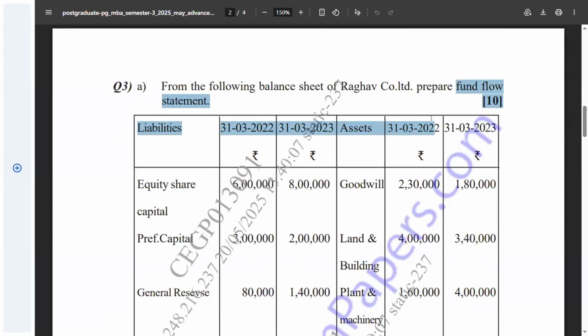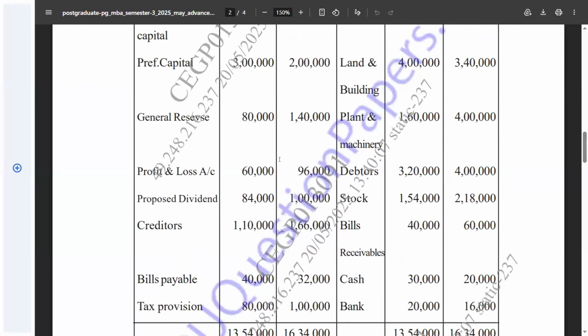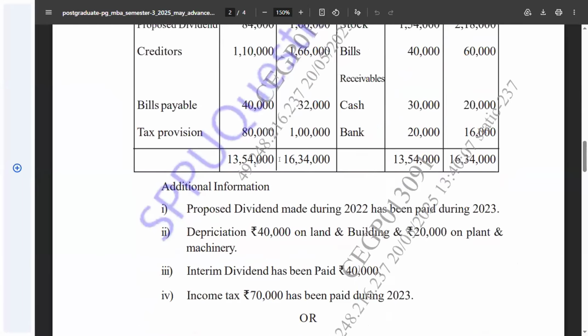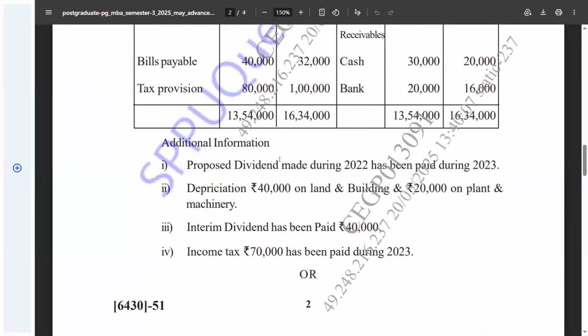In your financial management semester 2 syllabus, they give that the credit period is 10 months, debit period is 15 months, assets are there, liabilities are there, and find out cash flow. But in the case of fund flow statements, the numerical will be given and they will mention the different expenditures.